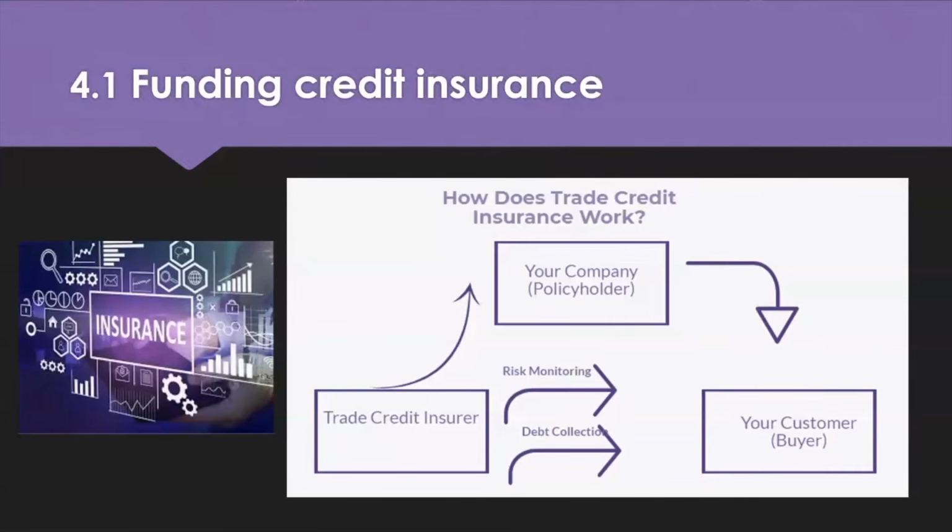There are obviously advantages and disadvantages to this approach. From an advantages perspective, it helps a company to have cash for temporary working capital needs, protects them from risks beyond its control, like political or commercial risks, reduces the risk of sudden or unexpected insolvency of a customer. It insures them from non-payment as well as collected debts.